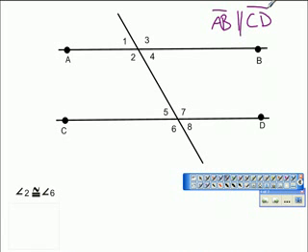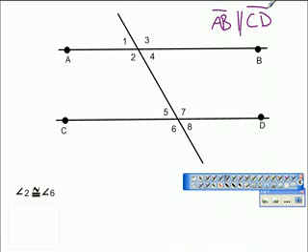Now we can do this. Angle 2 and angle 6 are both to the left of the transversal and below the parallel lines. That means what kind are they? Alternate interior, alternate exterior, or corresponding? Corresponding. And I'm telling you right now, angle 2 and angle 6 are congruent.